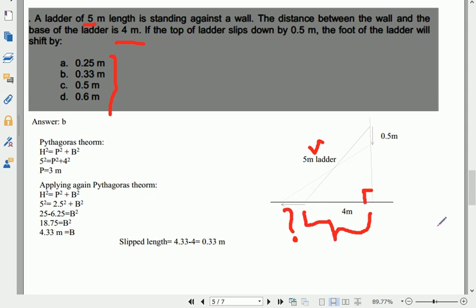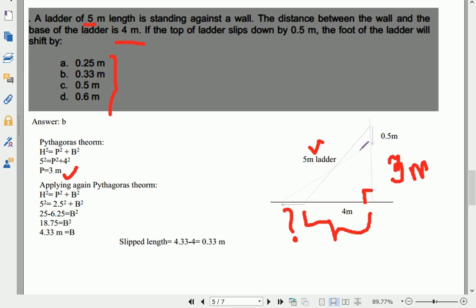So what will be this perpendicular? It will come out to be 3 meter by applying Pythagoras theorem. Now again we will have to apply Pythagoras theorem.